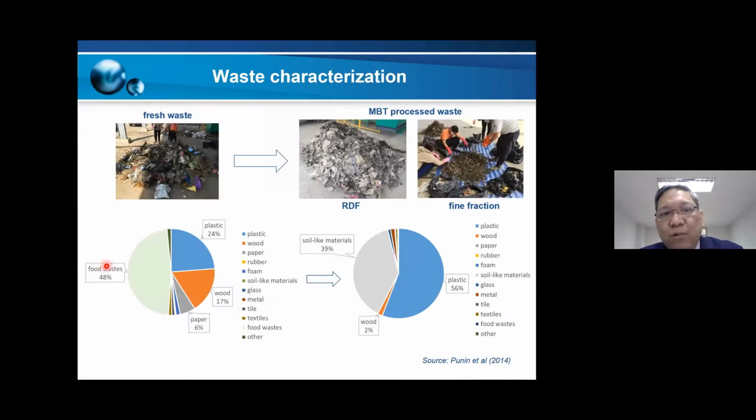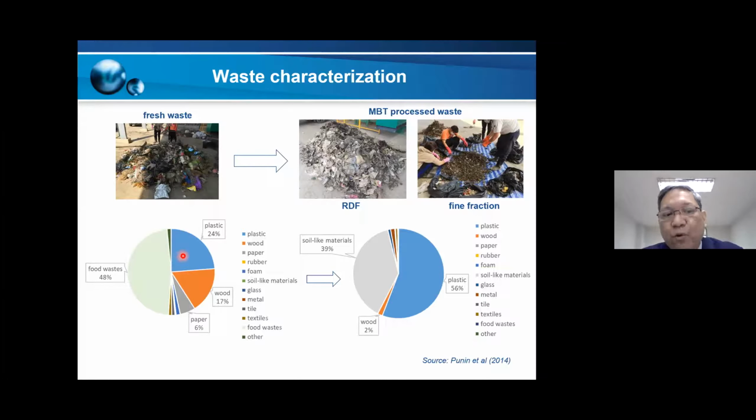We studied some waste characteristics, and I think this is typical for many developing countries. Our waste consists mainly of biodegradable waste like food waste, about half of it, and then we also have a substantial percentage of plastic, which is the main target for this RDF recovery.